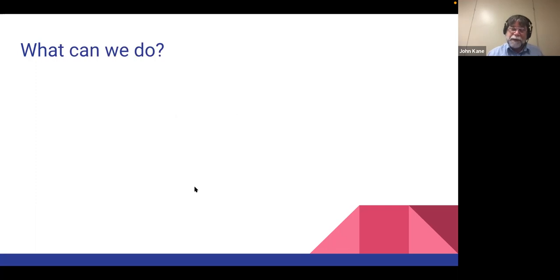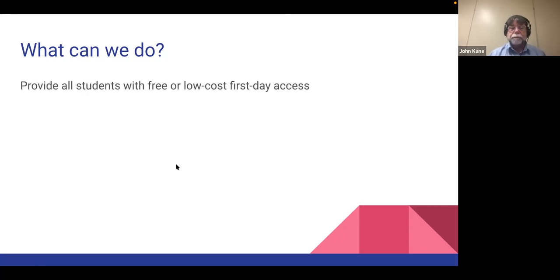So there are many things that can be done to address this, but in this session, we're just going to talk about how perhaps we might be able to use OER and adaptive and personalized learning systems to help reduce some of these disparities. And one advantage of using free textbooks in whatever form they are is that it provides all students with either free or, in the worst case, low cost first day access.